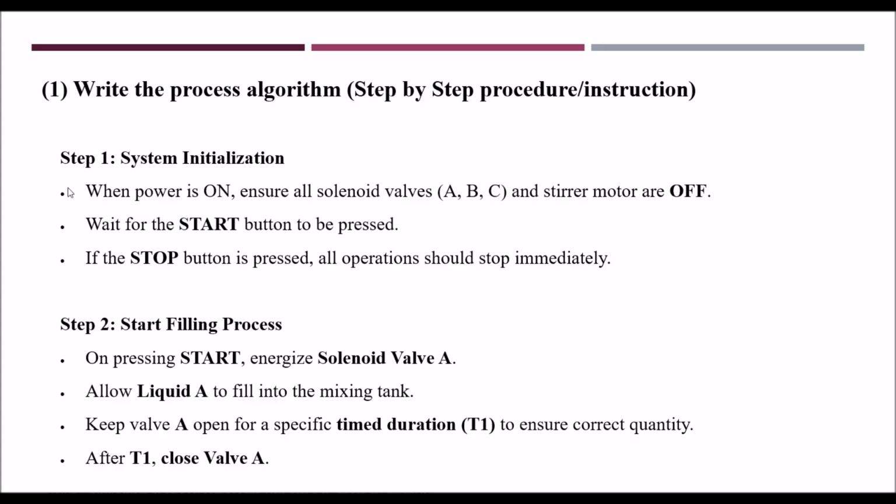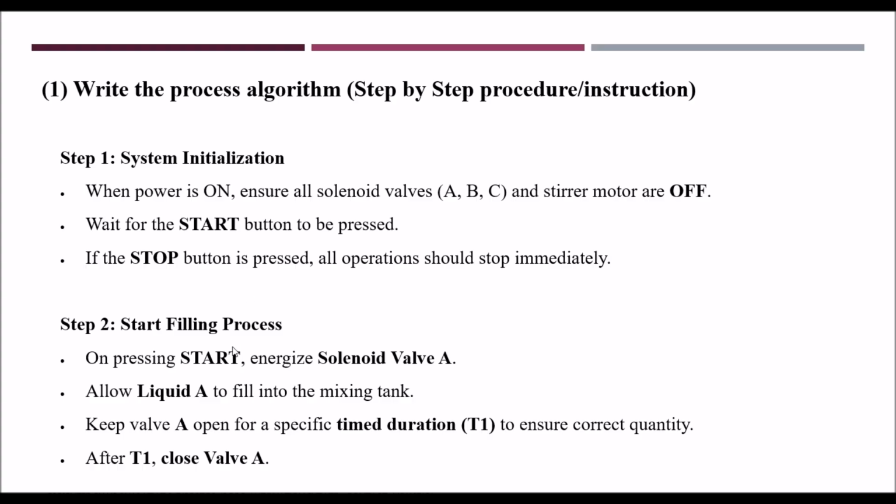Step 1 is when power is on, means initial condition. In the initial condition, all solenoids A, B, C and the steering motor should be off, and wait for the start button to be pressed. If the stop button is pressed, all operations should stop immediately.